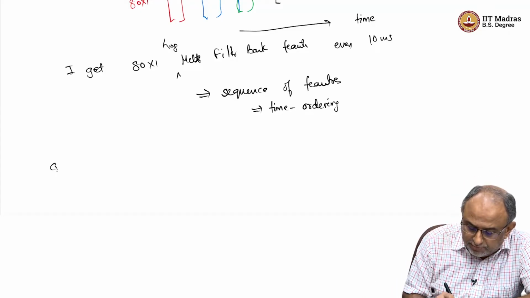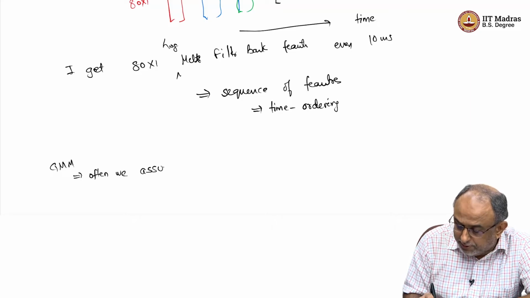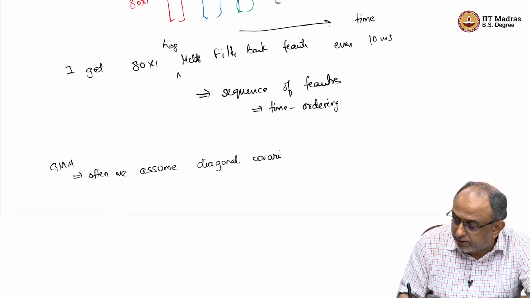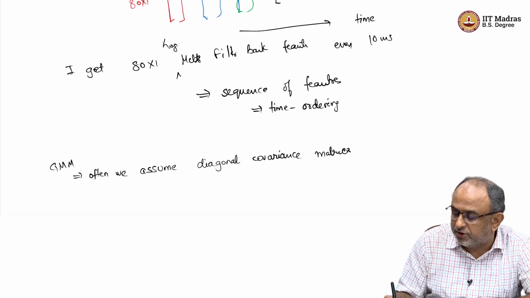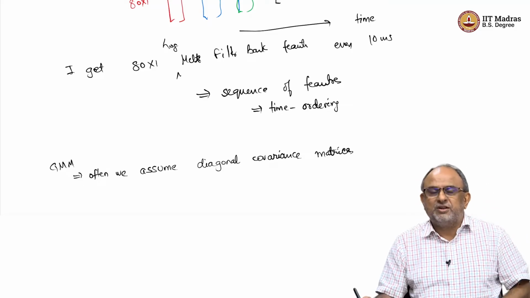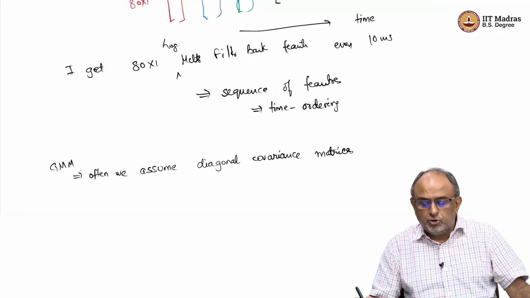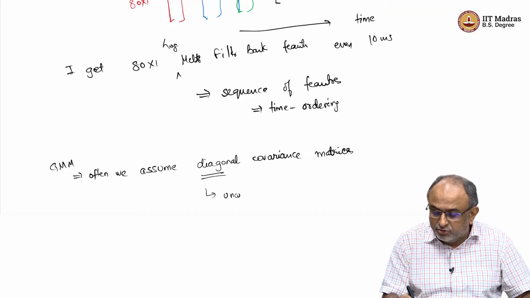For example, in GMM, often the assumption, I will come to this idea later, so do not worry too much about it. If you have not read it, you can revise from some of the math courses you might have done before this course, but there is an assumption of diagonal covariances, and so some idea of uncorrelatedness is important.